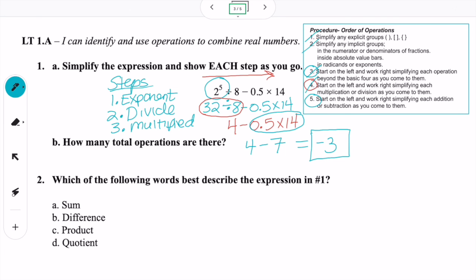And the very last step was to subtract. That's a total of 4 operations. So our answer is 4. 4 steps that we had to do.